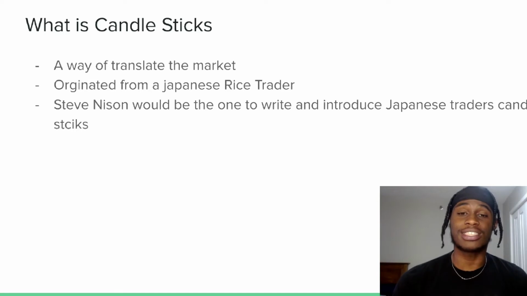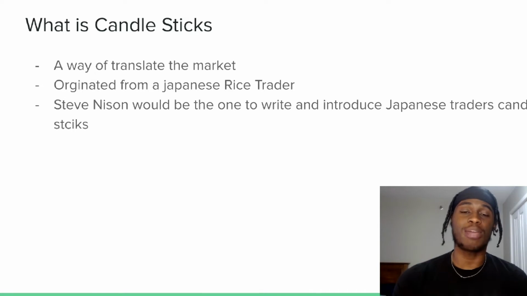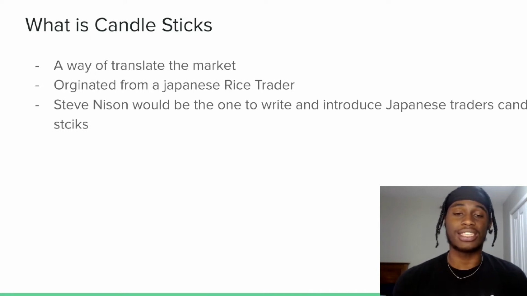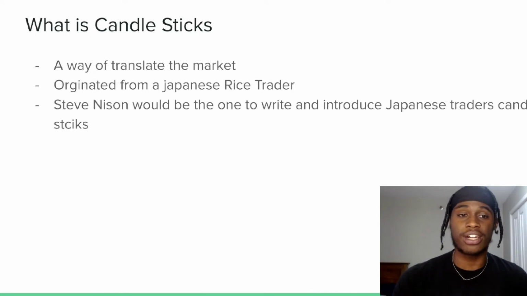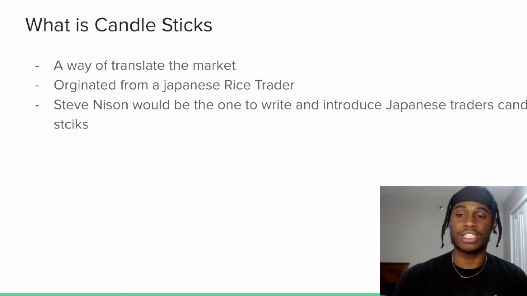From there, Steve Nison would find out about this Japanese rice trader, and he would write down a book and bring it over to the Western world, aka the United States. So all in all, this is how candlesticks became a norm inside of the United States, or just in general as a trader, once Steve Nison wrote down about the traders, breaking it down to different stock market brokers and traders out there to try to use an advantage inside of the market.